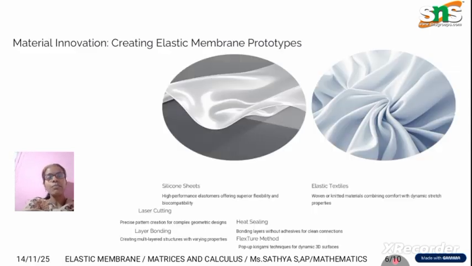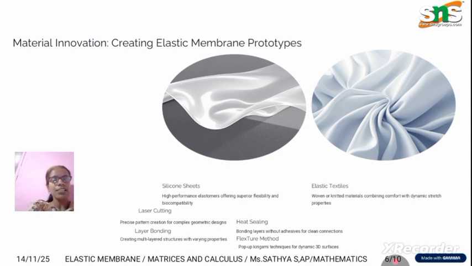The next thing is material innovation, creating elastic membrane prototypes. The first is silicone sheets and the second is elastic textiles. Silicone sheets are high-performance elastomers which offer superior flexibility and biocompatibility.